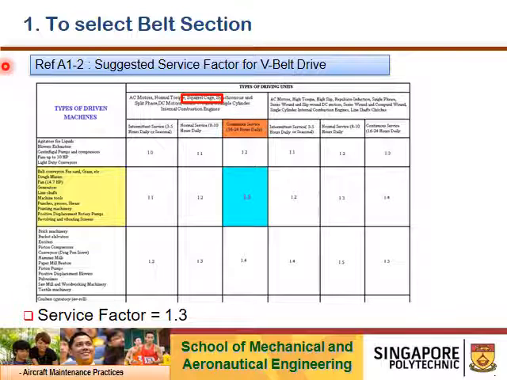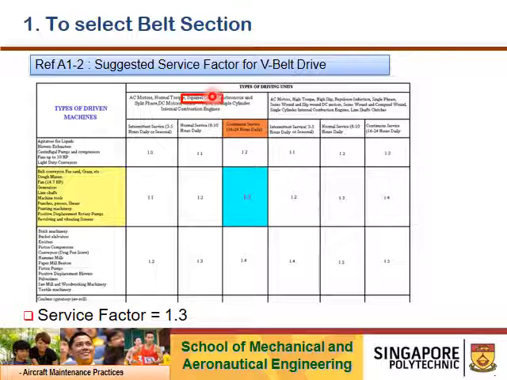If you go to your appendix, go to page A1-2, suggested service factor for V-belt drive. We need to determine the service factor for this problem. So we have X and Y, the vertical and horizontal columns to fulfill.